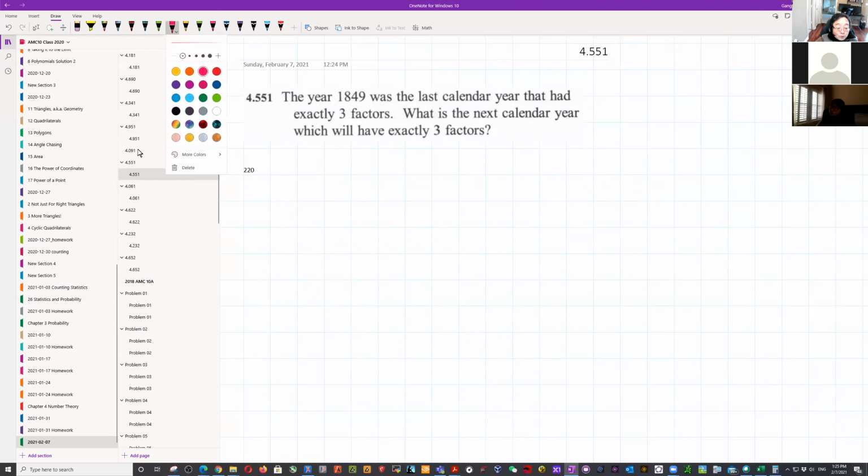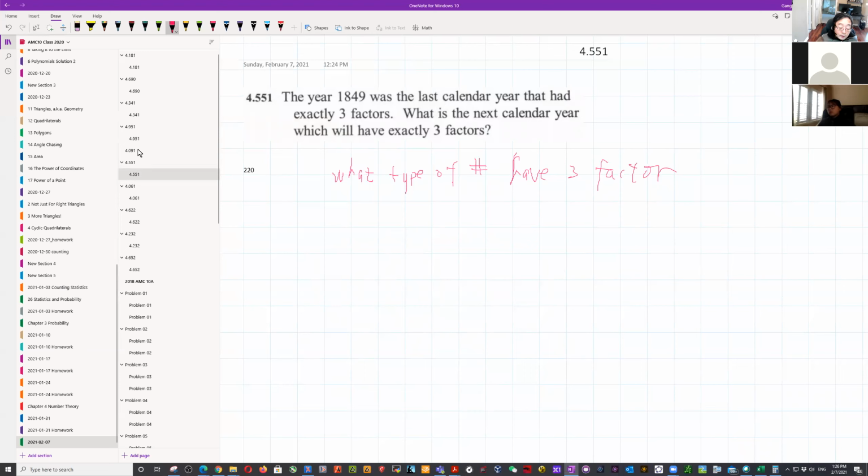So this one is that if you have a calendar year with exactly 3 factors, you have to see what type of number has exactly 3 factors.